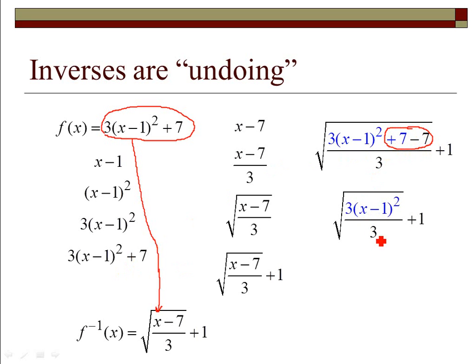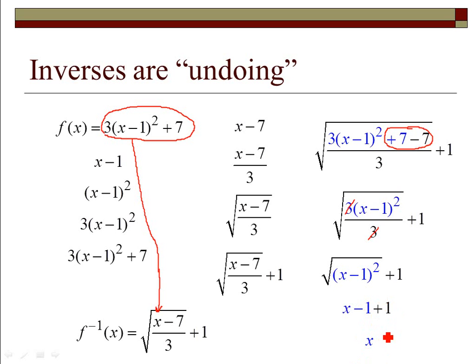The 3 over 3, well, this reduces. So I can cross those guys out. Square root undoes the square. I have x minus 1 plus 1, so I end up with x. So that's what an inverse does. It undoes the function. I get back what I would have started with, which would in this case have been x.